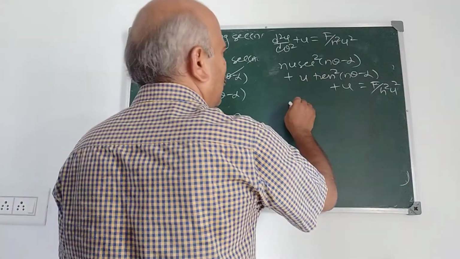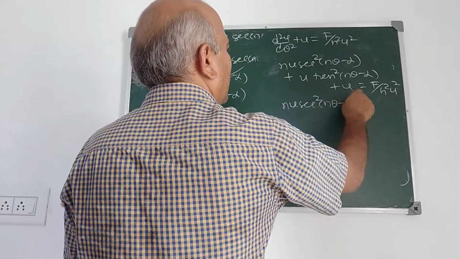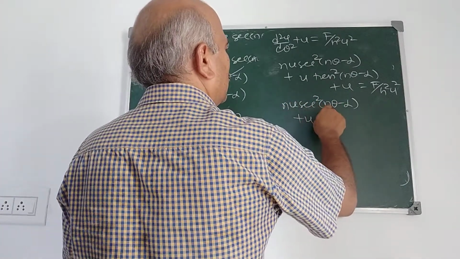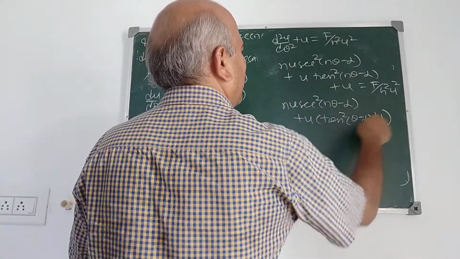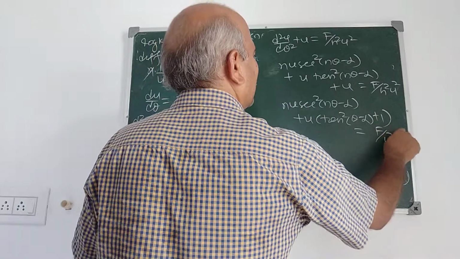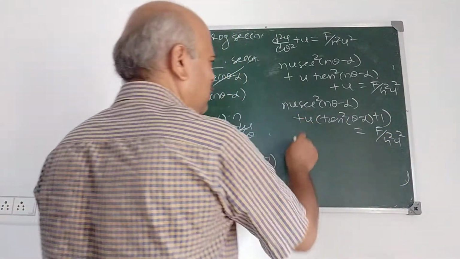Therefore, nu secant square n theta minus alpha plus u into tan square n theta minus alpha plus 1 is F by h square u square. I am in a hurry to complete this problem.